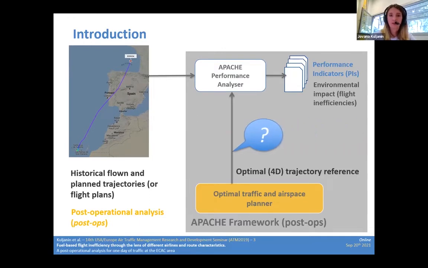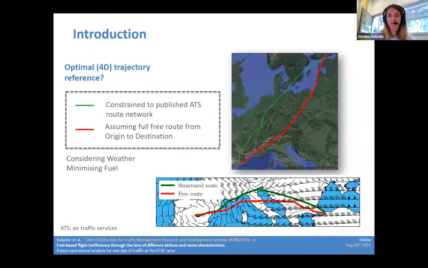However, you can ask the question, what kind of objective functions and what kind of optimization constraints can be included in this optimization process? In order to provide this answer, I will show you the slides, which actually show to which extent the optimal trajectories may differ depending on the constraints imposed in the optimization problem.